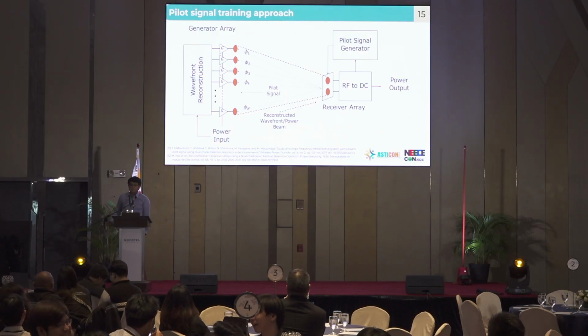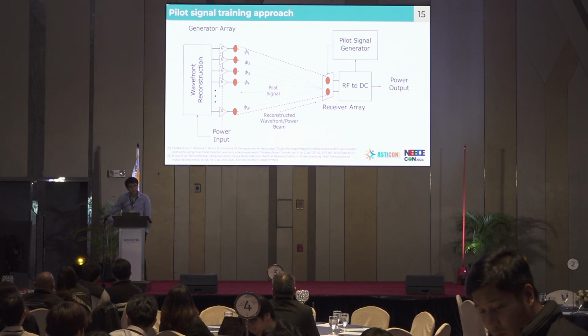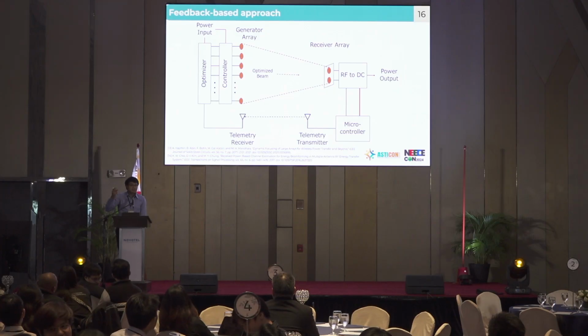Another approach is you release a pilot signal from your receiver, and your transmitter, your power generator, will train itself to point towards the receiver. And the last approach is you use telemetry. You send back some data, maybe the power you receive, and then you optimize the beam based on the data that you get. Those are the three broad approaches towards wireless power transfer.